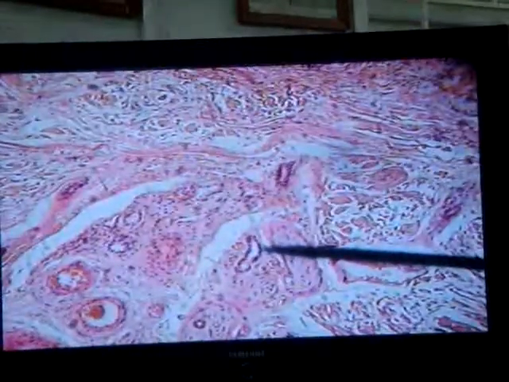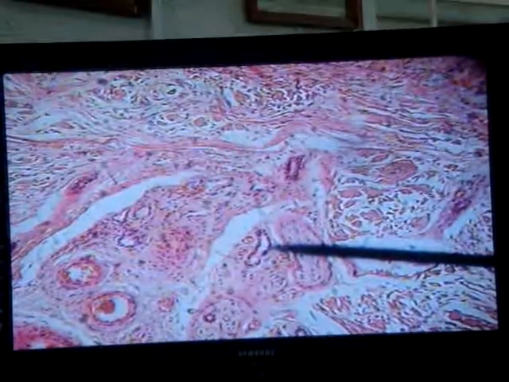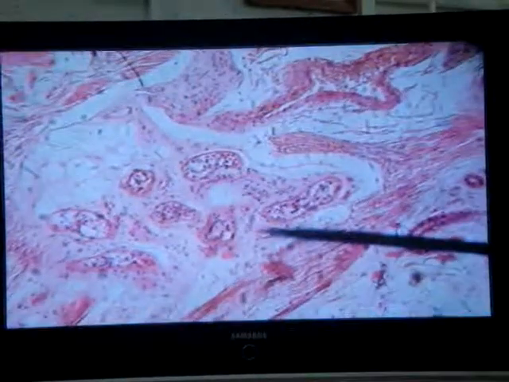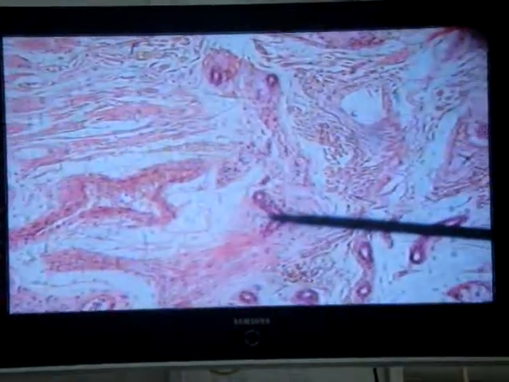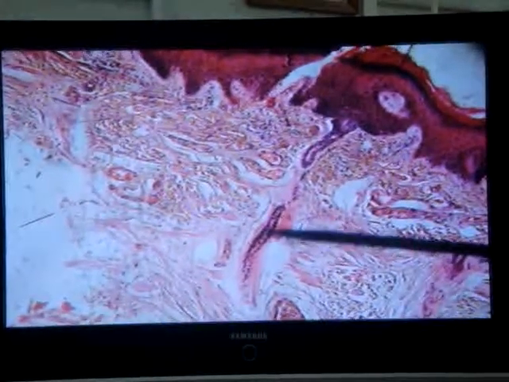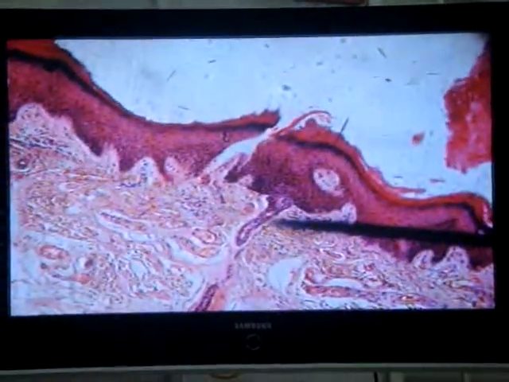So this is a high power of the sweat ducts. These are sweat glands there. Another example of sweat gland right there. See, these are the ducts of the sweat gland. In the depth of the dermis, you find the secretory part of the sweat gland, but the darker stained portion represents the ducts. Sometimes, if you're lucky, you can actually see parts of the ducts traversing. Look at that. See a duct going up there, traversing the dermis and going all the way through the epidermis.